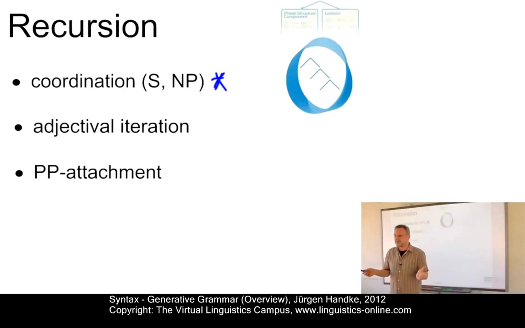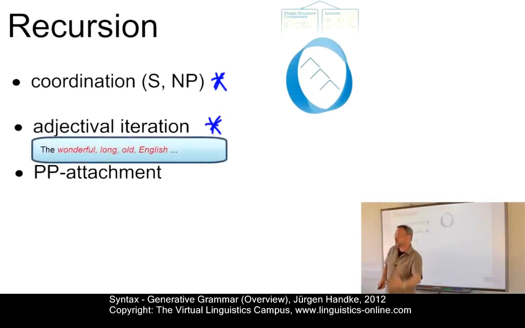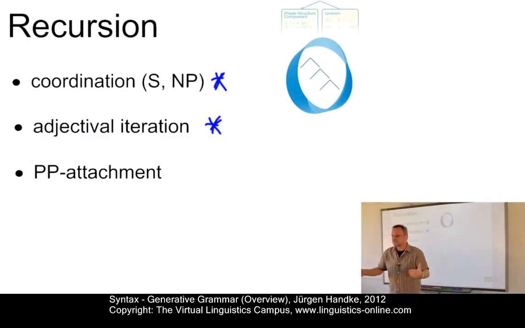So there's no end to this sentence, and we simply apply the same rule time and again. Another example would be adjectival iteration or recursion. Here you have examples such as the wonderful, long, old, English, and so on, tale. So four adjectives and even more on the trot.